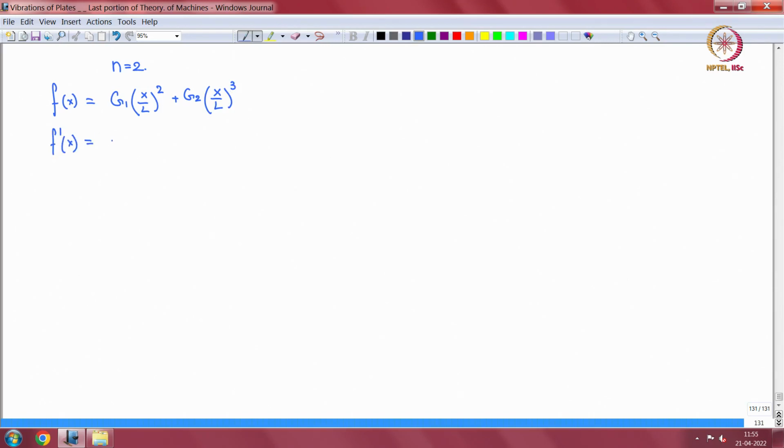F dash is twice g1 x by L squared plus 3 g2 x squared by L cubed. F double dash is twice g1 by L squared plus 6 g2 x by L cubed.